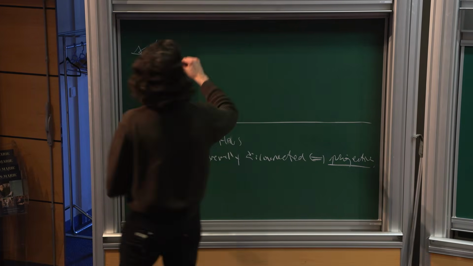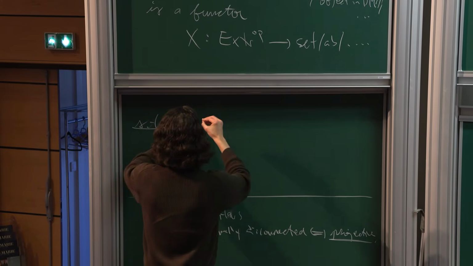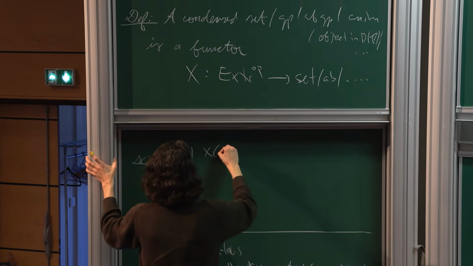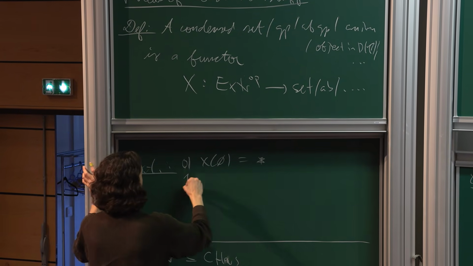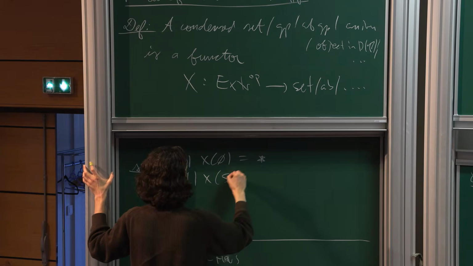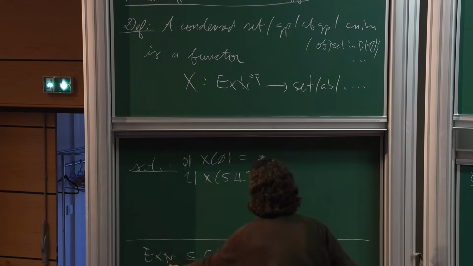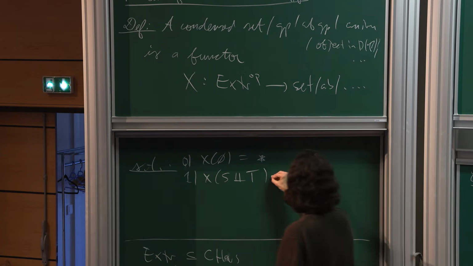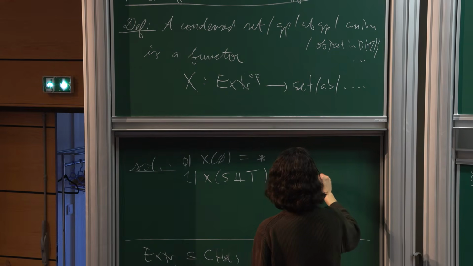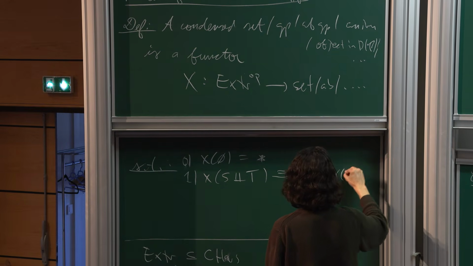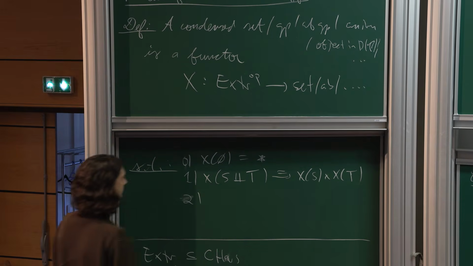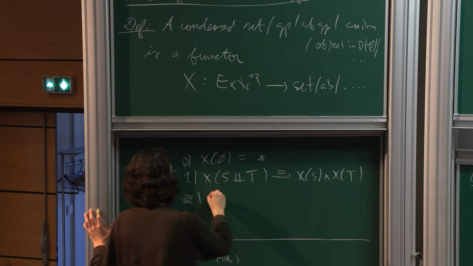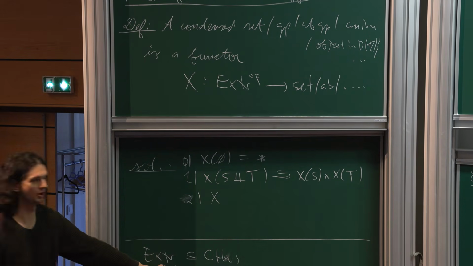Right, so the axioms are, the zeroth axiom, is that X of the empty set is the terminal object. First axiom, X of a finite disjoint union of two such is also of the same form. And the third axiom is that, okay, this is not a small category.